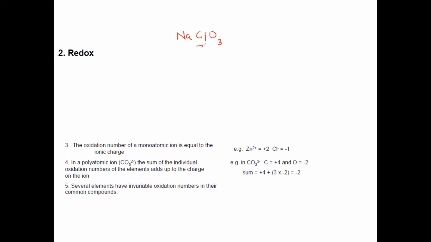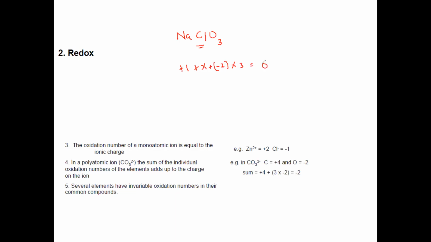Now we want to find it for chlorine. For chlorine, we will assume an unknown x, and for sodium and oxygen, we'll take their common oxidation numbers. Sodium belongs to group 1, so it will be +1. Chlorine, we don't know, x. And for oxygen, the common oxidation number is -2, and how many are there? 3. So that is -2 multiplied by 3.